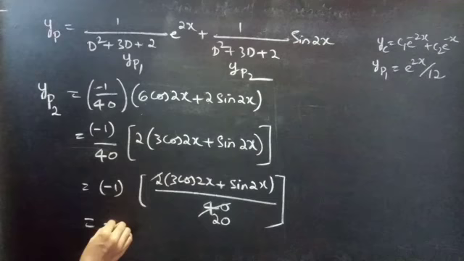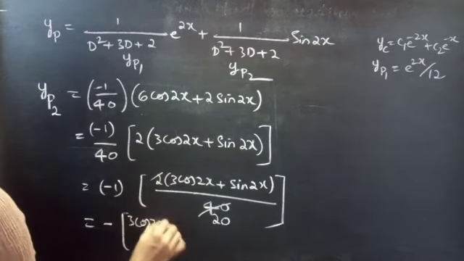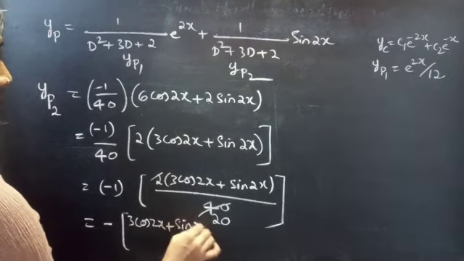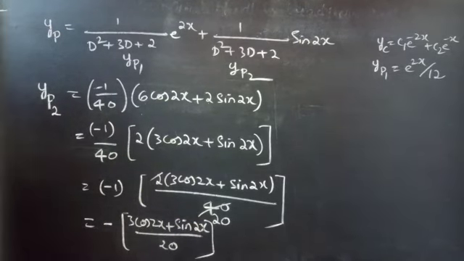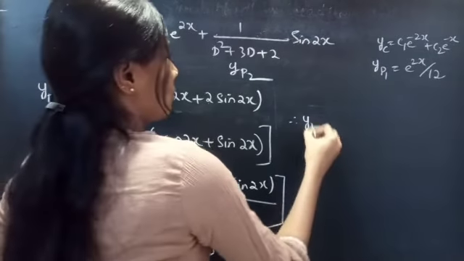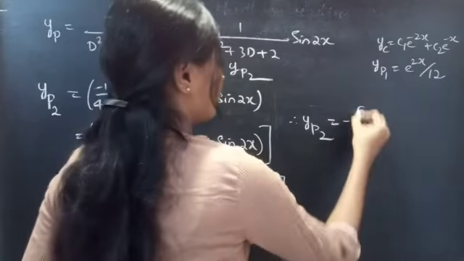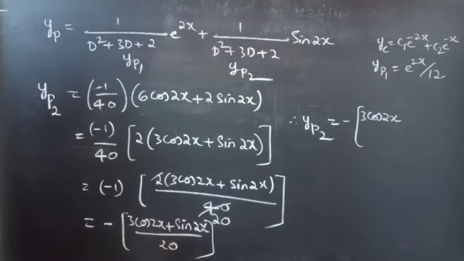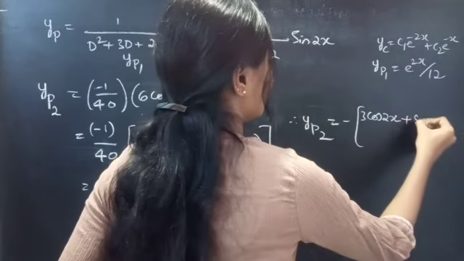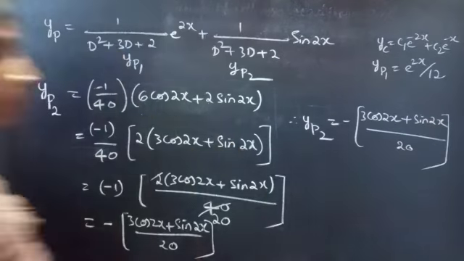This is equals to minus of 3 cos 2x plus sin 2x by 20, right? Therefore, yp2 equals to minus of 3 cos 2x plus sin 2x by 20.